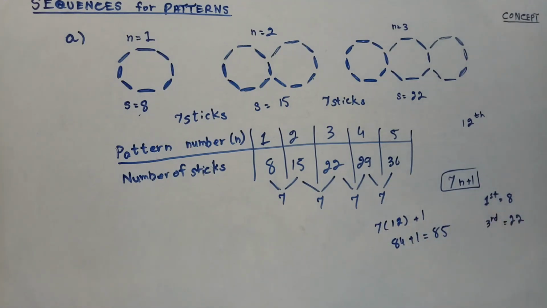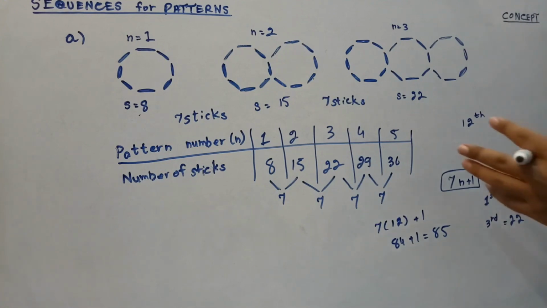So we can say that in the 12th pattern the number of sticks will be 85. Got it? Clear?